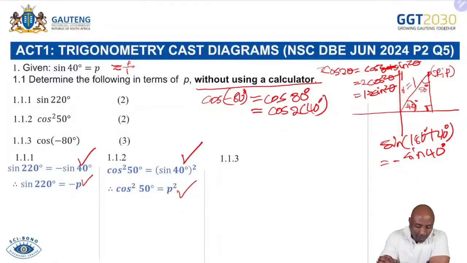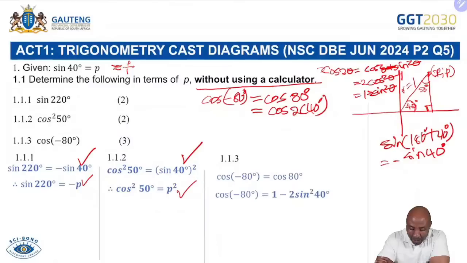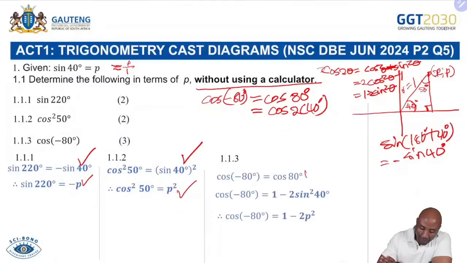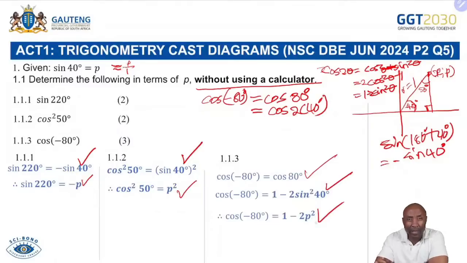Because according to our function we are given sine 40 as P, we should use sine to make our life easy. We will get 1 minus 2 sine squared 40 degrees, and where there's 40 degrees we put our P. So we'll get a mark for using the correct double angle identity using 40 degrees and substituting for P to give us 1 minus 2P squared. We should be able to get these marks.